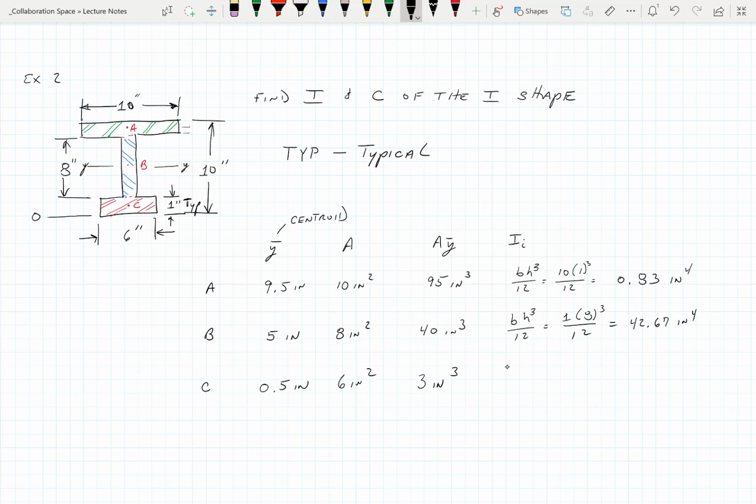All right, and this one is going to be base times height cubed over 12. 6 times 1 cubed over 12. 0.5. Cool.